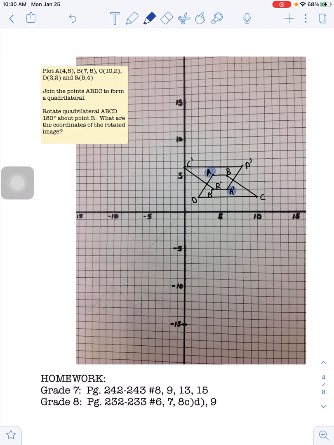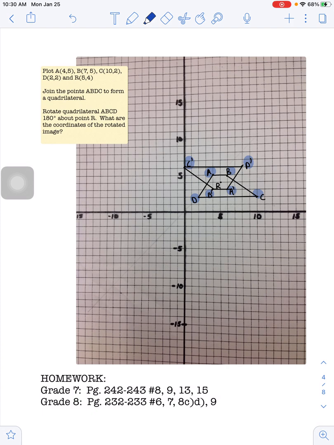B was 1 space right and 1 space up from R. So it's now going to be 1 space left and 1 space down from R. C is 5 spaces to the right and 2 spaces down from R. So it's going to now go 5 spaces to the left and 2 spaces up. We just keep doing the opposite. D was 3 spaces to the left and 2 spaces down from R. So it's going to now be 3 spaces to the right and 2 spaces up.